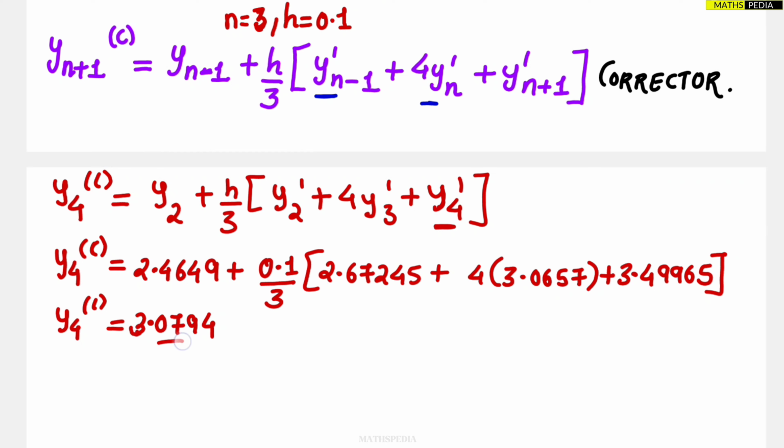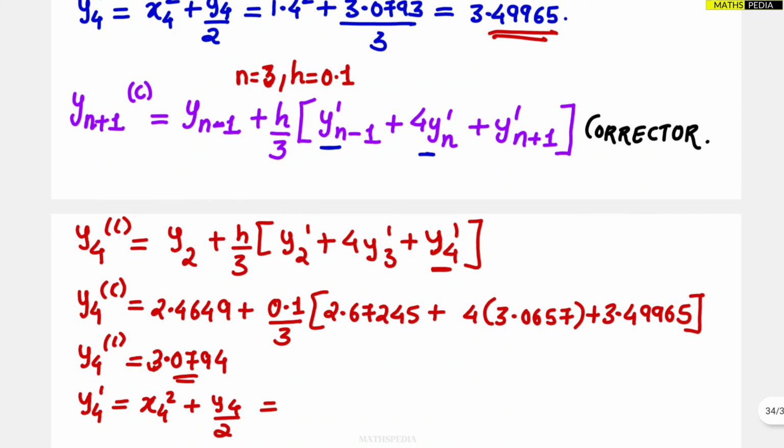So I've got the value of y4. Now I have to go for the y4 dash value. Okay. So y4 dash is equal to, again same thing, x4 square plus y4 by 2. But now if you observe, see what happened: last time the y4 dash value was 3.49965. Now what you have got? 3.07 you have got. So there is a huge difference.